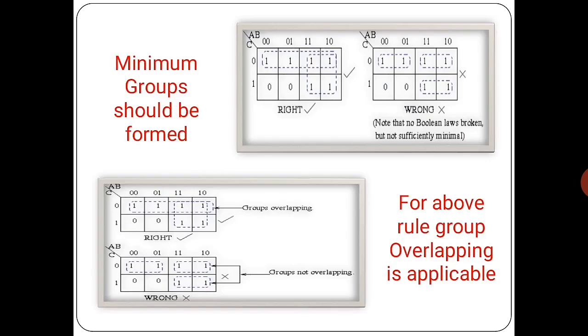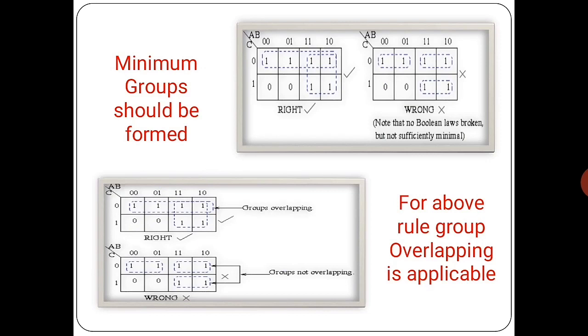And the next rule is that minimum groups should be formed. If we have the chance to group as a quad and also the chance to group as an octet, we give the preference to the largest group, and after that we come to the lower one.